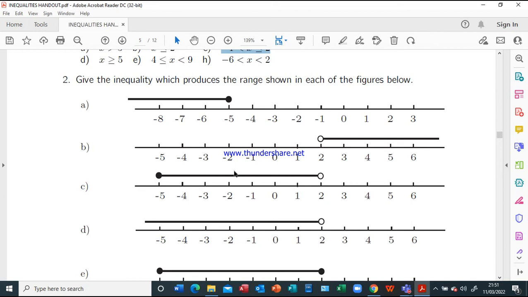I'm there, sir. So C, how would C look like? -5 is less than X, less than or equal to 2.